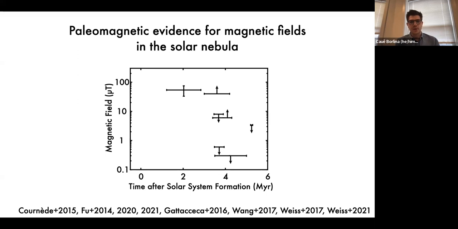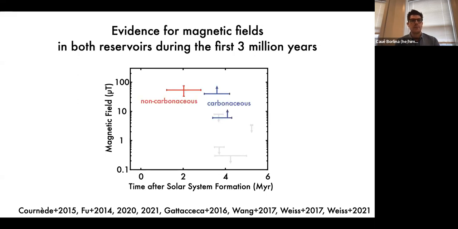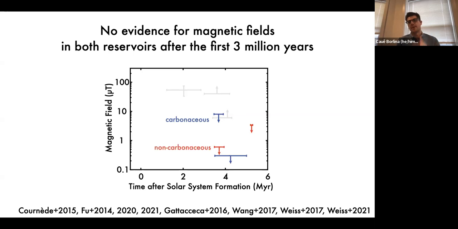There's a few things I want to highlight here. The first thing is that we have evidence for magnetic fields in both regions, in those two reservoirs that I mentioned earlier, during the first 3 million years. And then after that, all we have are essentially upper limits that seem to suggest that we don't have evidence for a magnetic field after that time.